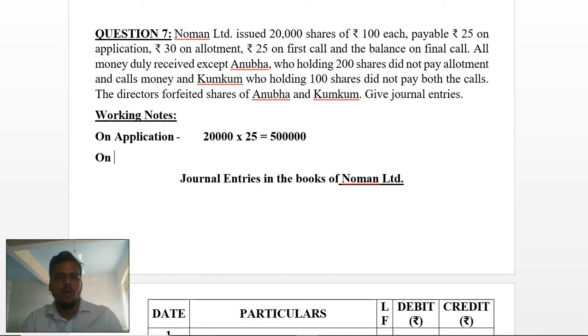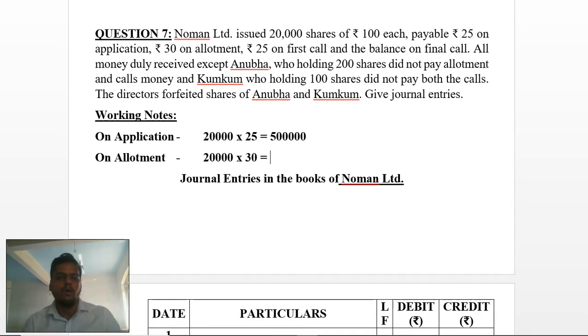Then on allotment, 20,000 shares, which has to be received at 30 rupees on allotment. But be careful that 200 shares were not paying the 30 rupees. Here you have to write 30.